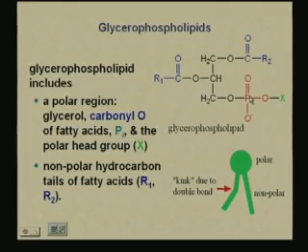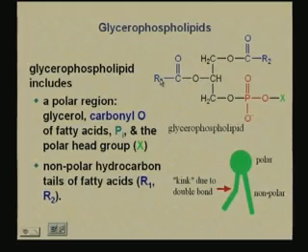Now, the phosphate again is esterified. Okay? The phosphate is esterified by this X group, and this is where we can change the type of glycerophospholipid that we have. So, where can we make the changes? We have the basic structure of a glycerophospholipid, that is going to be the glycerol. We have one fatty acid linked on the first carbon, a second carbon linking another fatty acid.